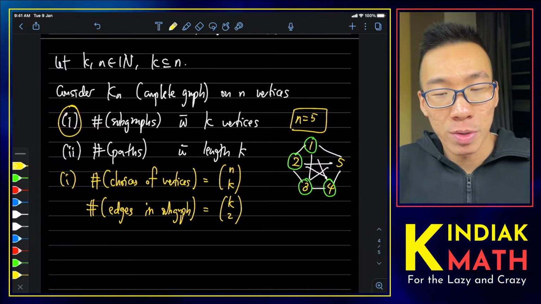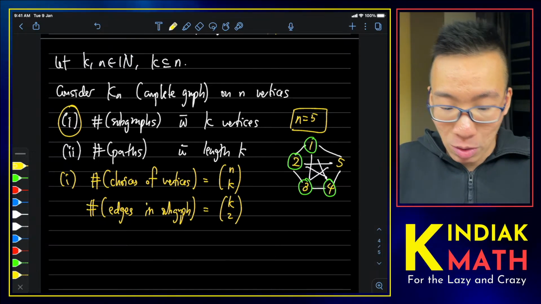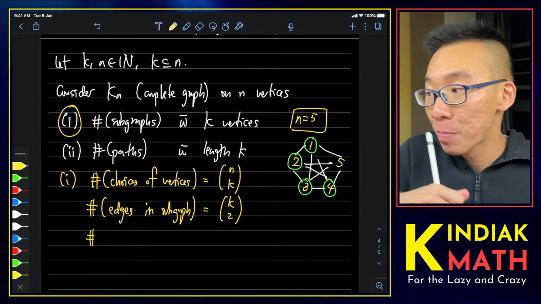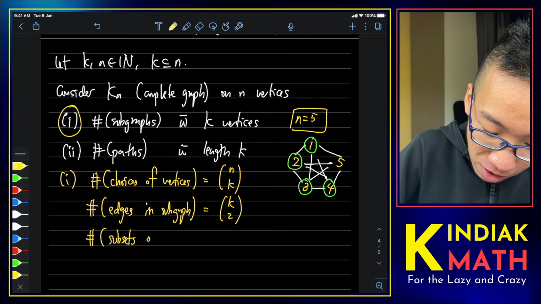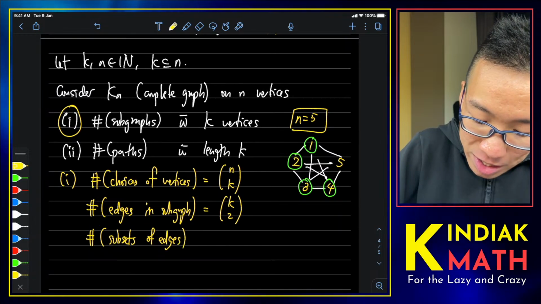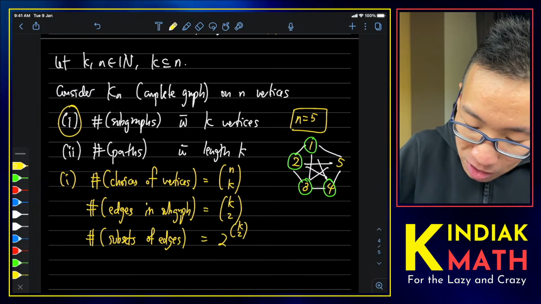Now, to obtain a graph, we need to have a collection of edges. So how many edges could we possibly create? Well, we need to ask how many possible choices of edges, or in this case, how many subsets of edges can we make? That's basically 2 to the k choose 2.